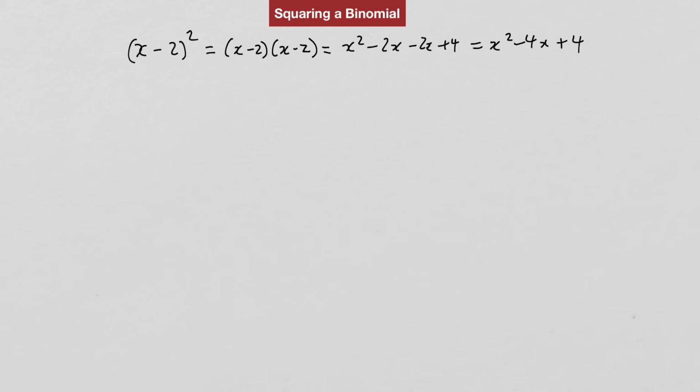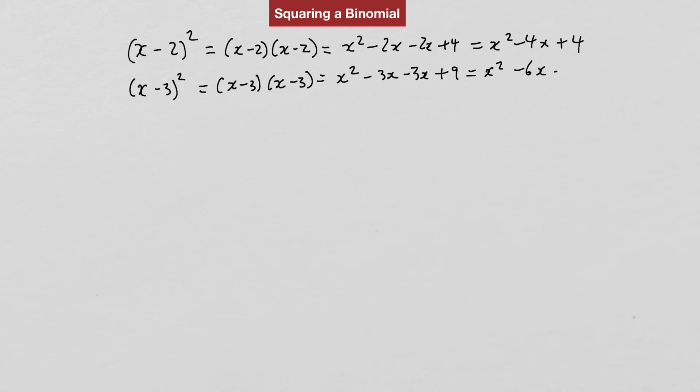Let's do another example. X minus 3 squared. That becomes x minus 3 times x minus 3. That is equal to x squared minus 3x plus 9. And that simplifies to x squared minus 6x plus 9. And let's do one more.